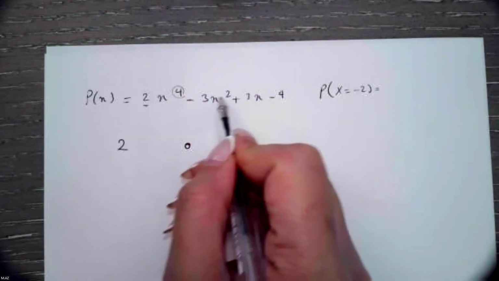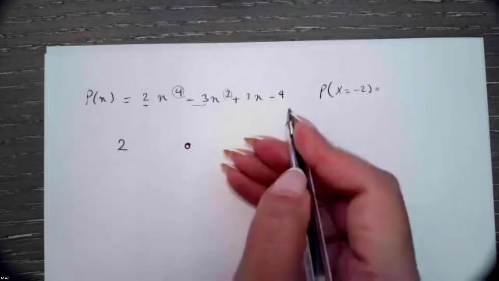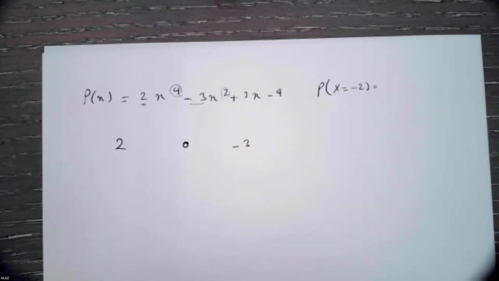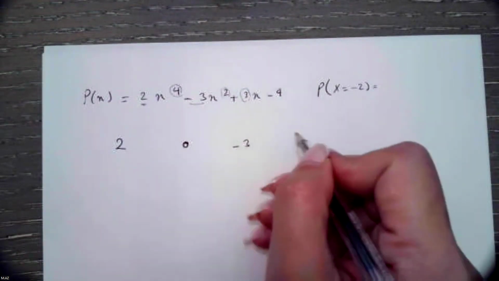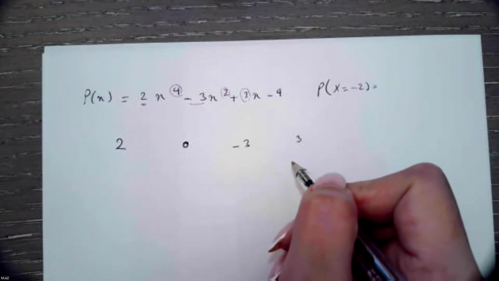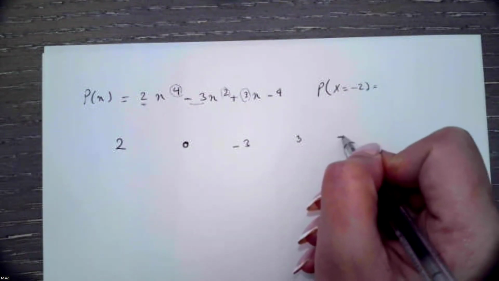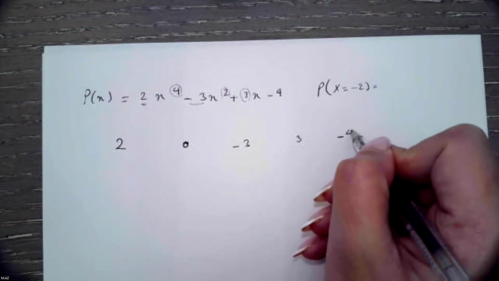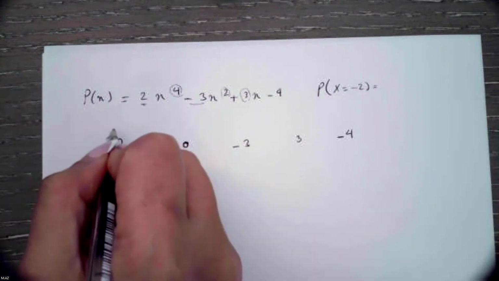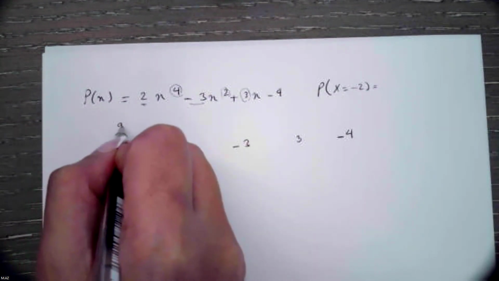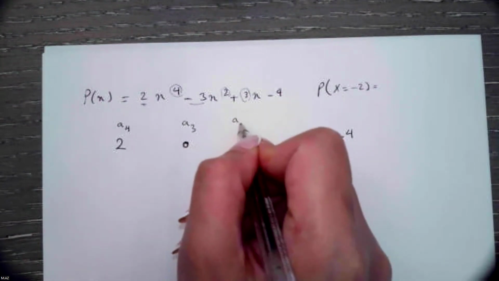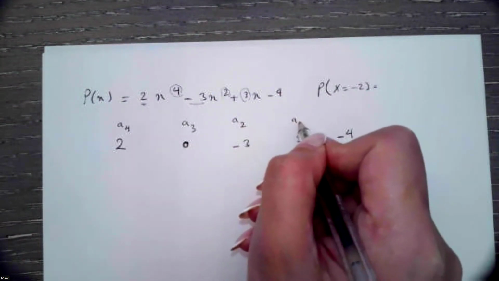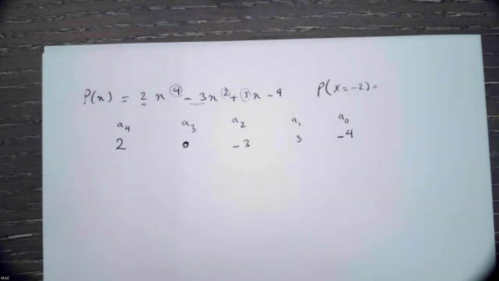The next order is 2, and minus 3 is the coefficient. After that, this is the next coefficient, and the last one is minus 4. Again, these are the coefficients a4, a3, a2, a1, a0.